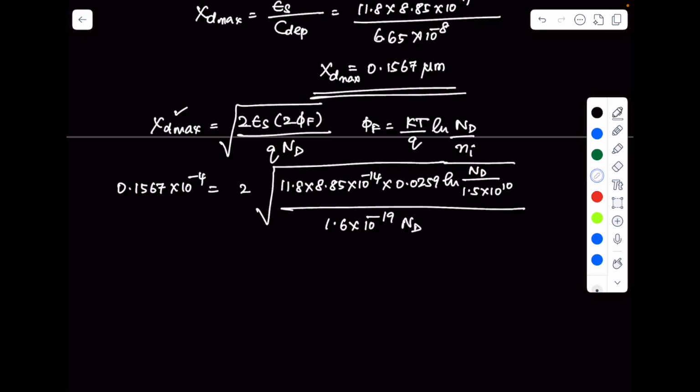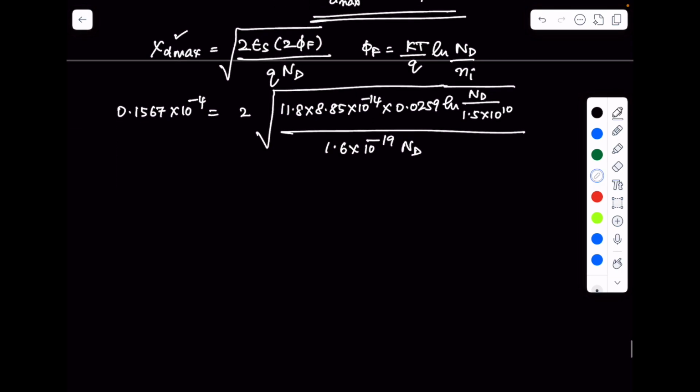Right? In other words, if I collect all the nd terms together, I get nd divided by ln of nd by 1.5 into 10 power 10 should be 2.753 into 10 power 15.